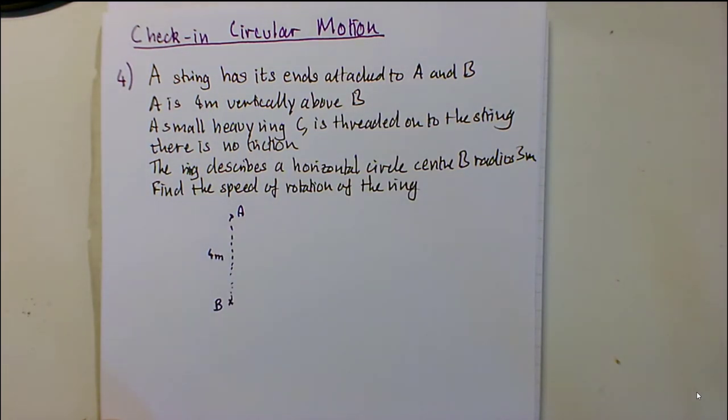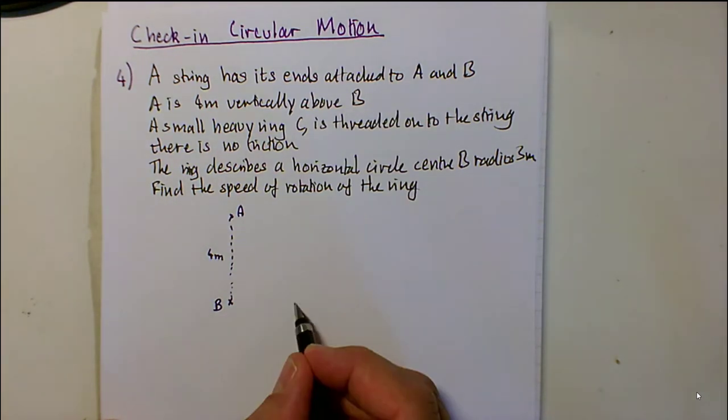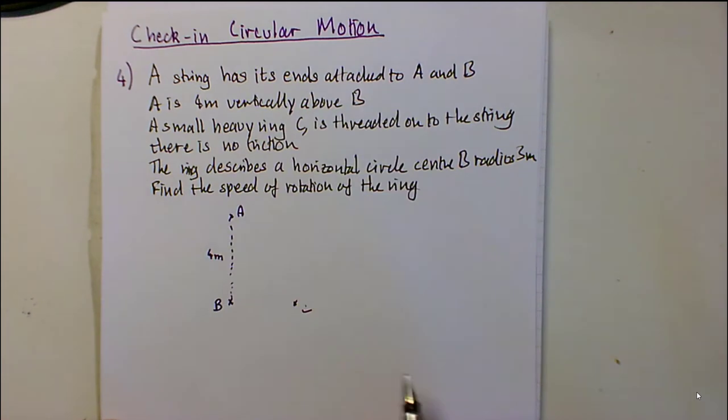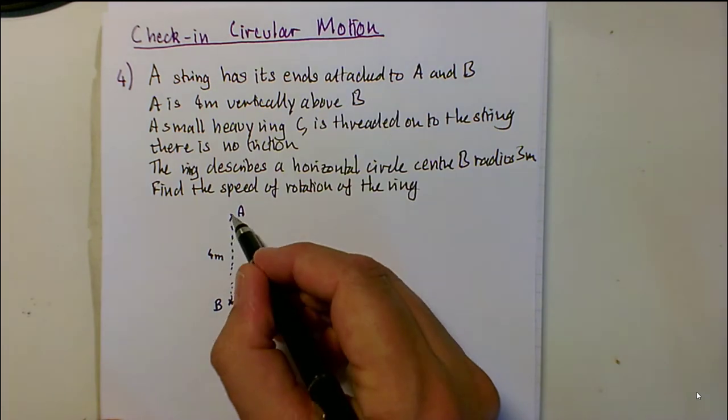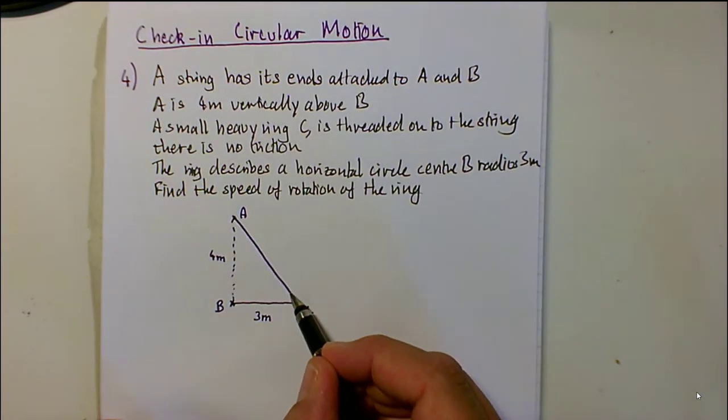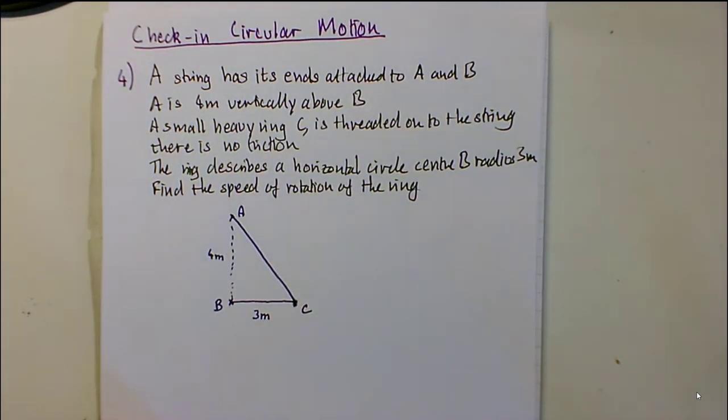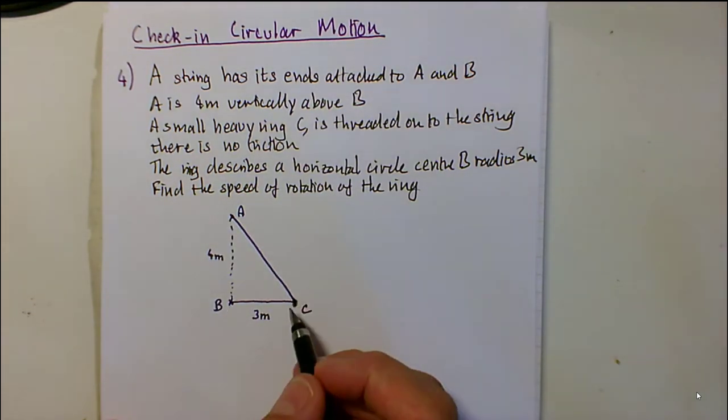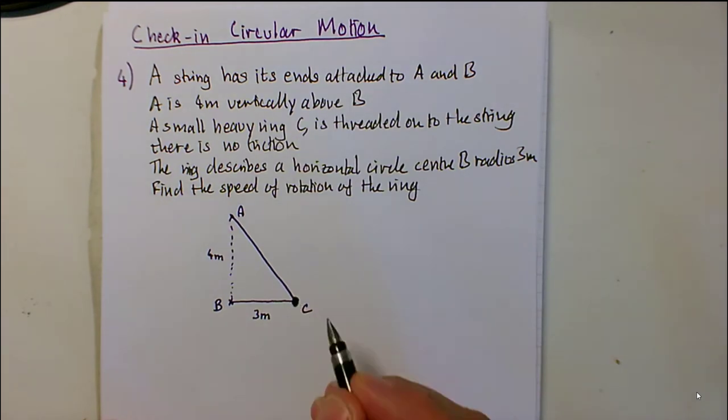And the bit of string is such that it allows some point here, C, to be 3 meters out, exactly horizontal, so perfectly level with B. So that means my string is that. This is one piece of string that goes all the way down to there and all the way into there with this heavy ring C. And there is no friction.